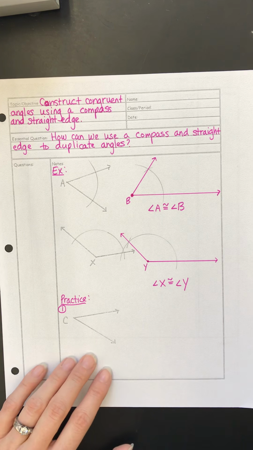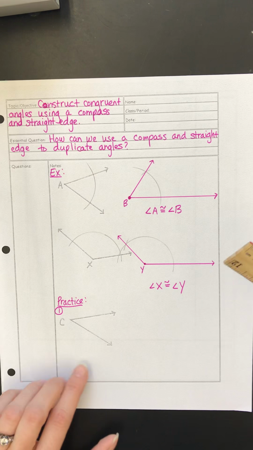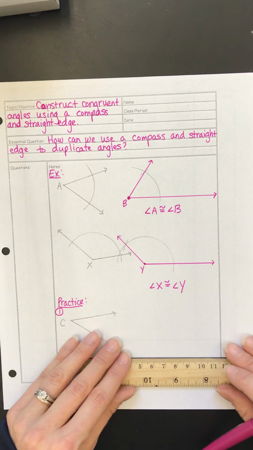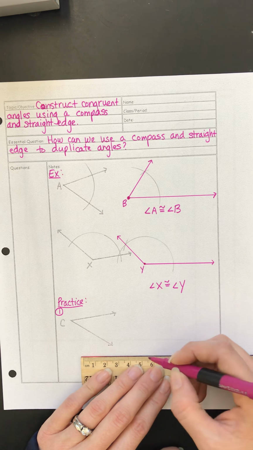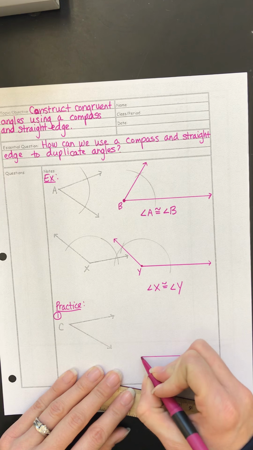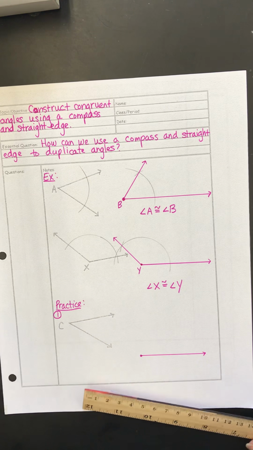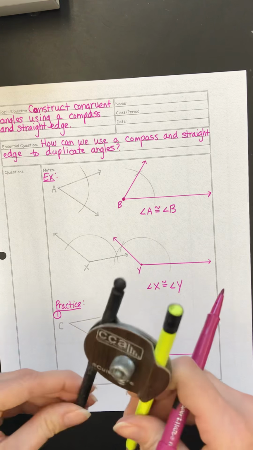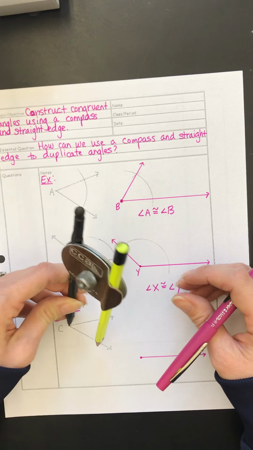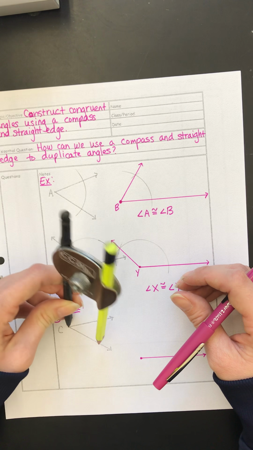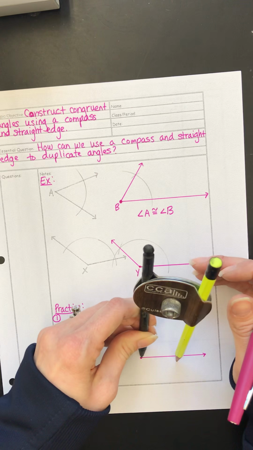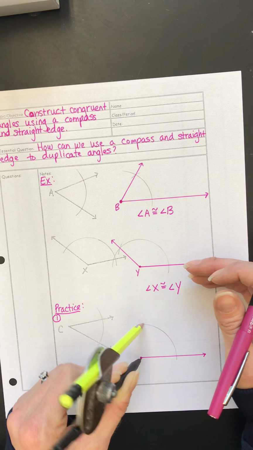All right, I hope you had a chance to practice constructing the congruent angles. I'm going to show you quickly how it's done, just in case you need that. Starter line, end point. I'm going to put an arc on my first angle that crosses both sides. I'm going to put an arc on my starter line here.